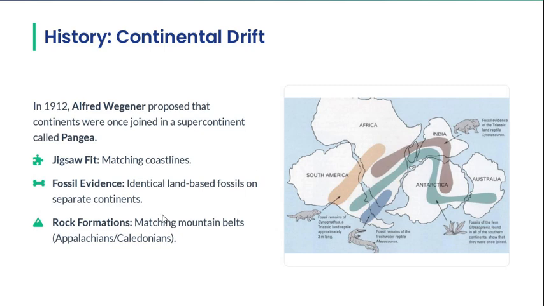He also saw fossil evidence, like identical land-based fossils on separate continents, like this reptile fossil here and here. If they were separated by a big ocean, there would be no way, but if they were connected, then the fossils could be in both places. And also rock formations with matching mountain belts like the Appalachians and the Caledonians.